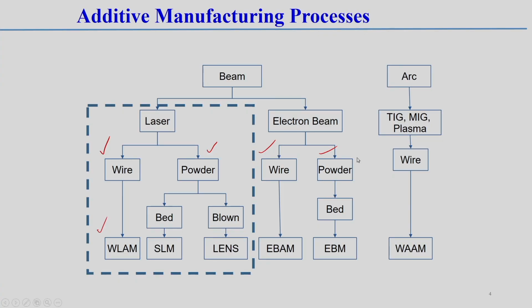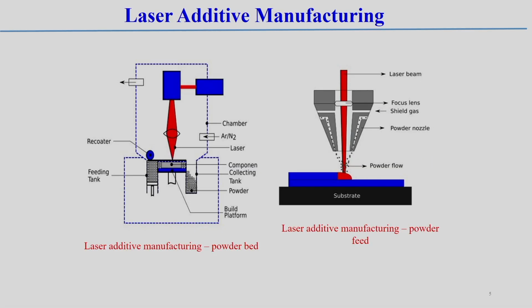Arc based technology is used when there is a need for a high amount of metal deposition, and definitely the surface finish is not that much needed. In those cases we can probably go for arc based technology. We will discuss these different additive manufacturing technologies one by one. Now, laser is the most widely used in the additive manufacturing process.